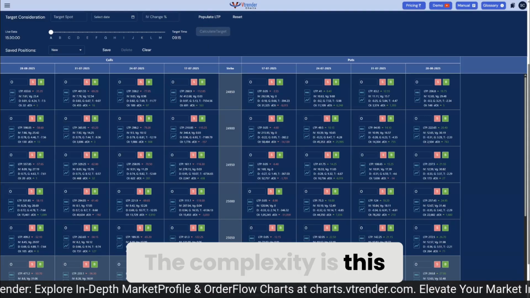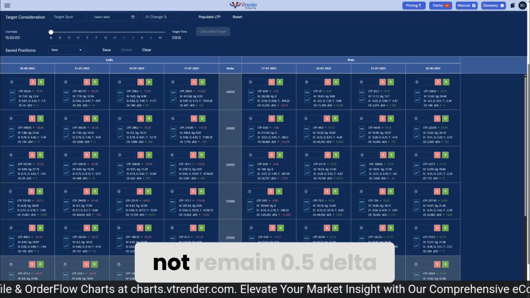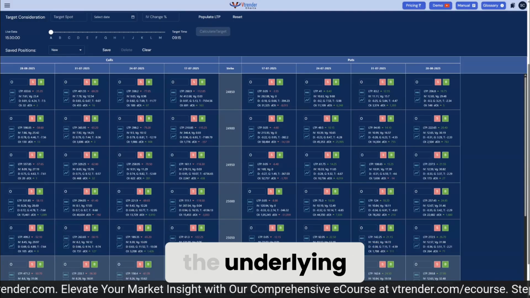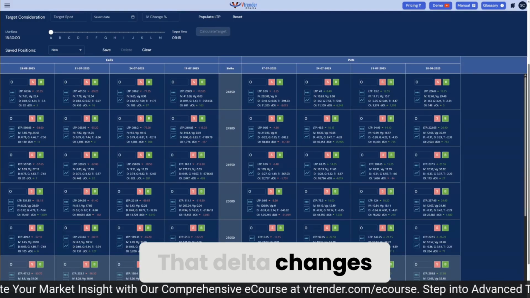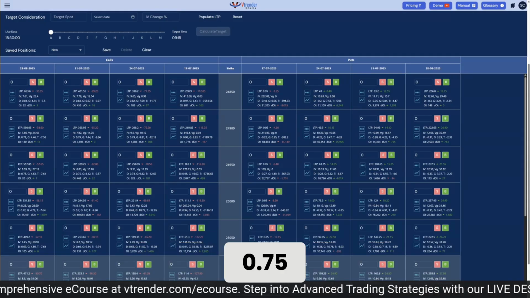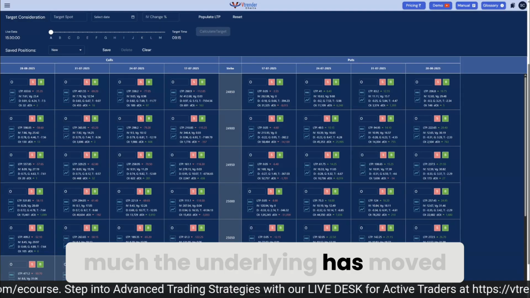The complexity is that the 0.5 delta does not remain 0.5 with the movement of the underlying. That delta changes and becomes 0.65, 0.75, 0.80, depending on how much the underlying has moved.